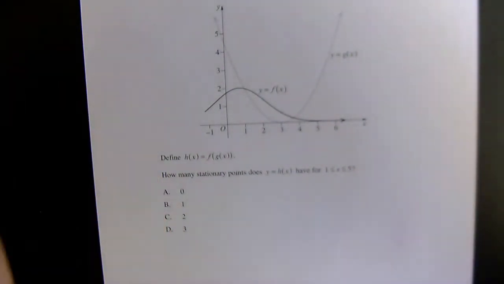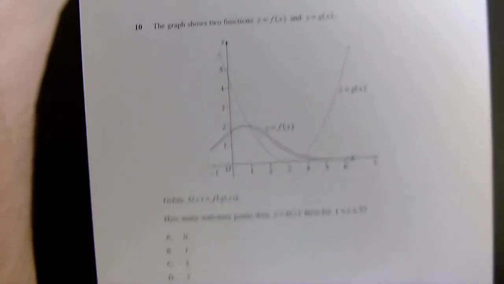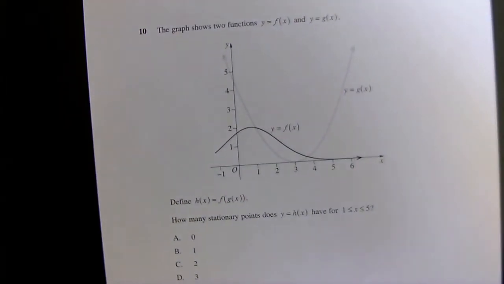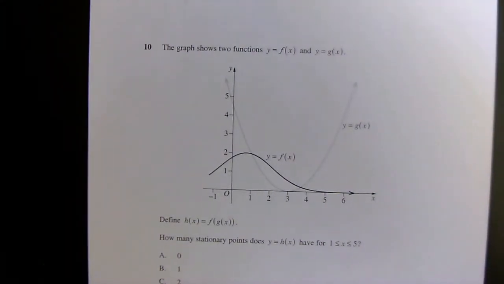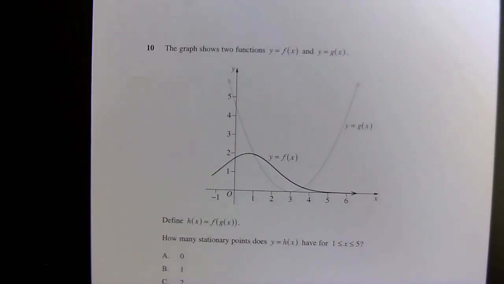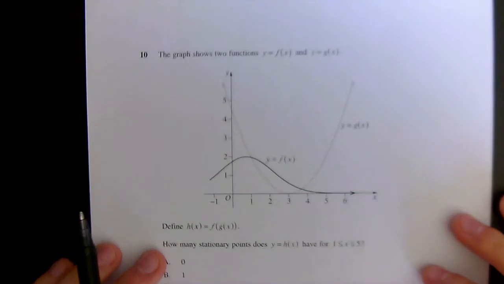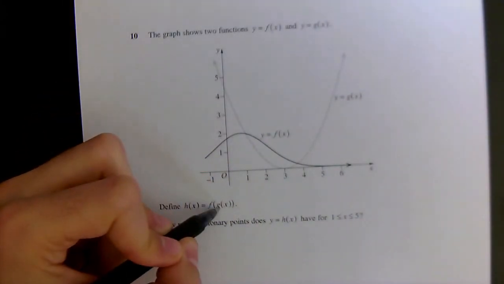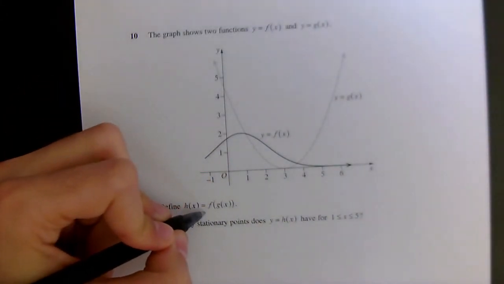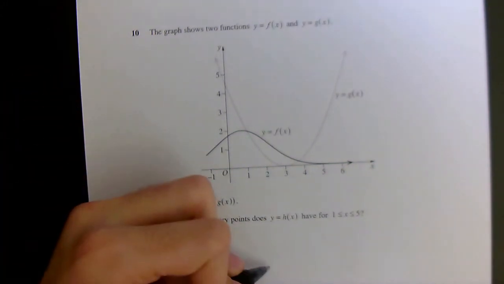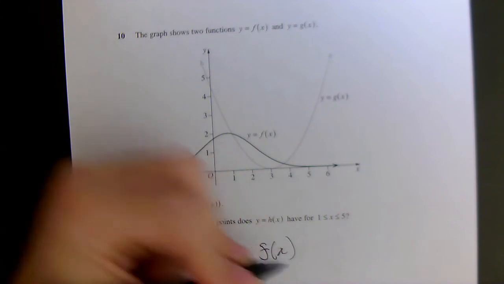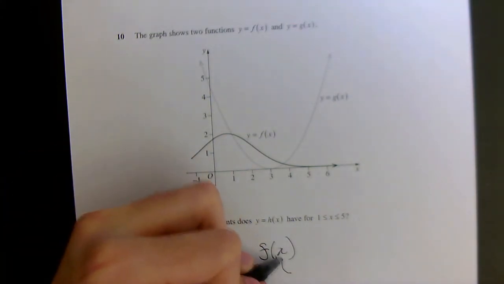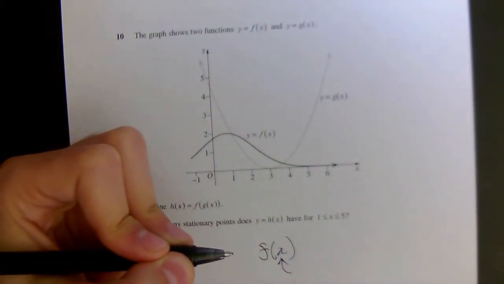So what we're going to do here is consider how the function works. And what we're going to say is, recall the basic definition of a function. If we have a function f of x, what I put into here is my x values, okay?